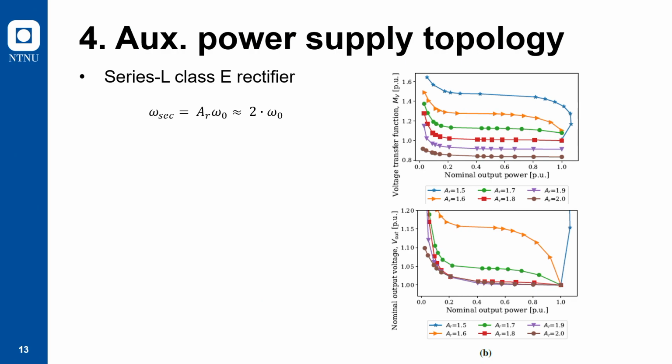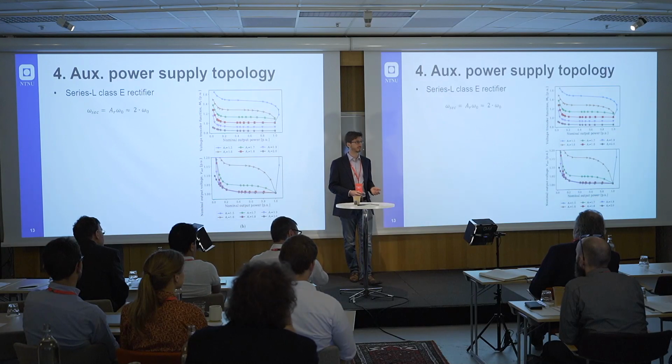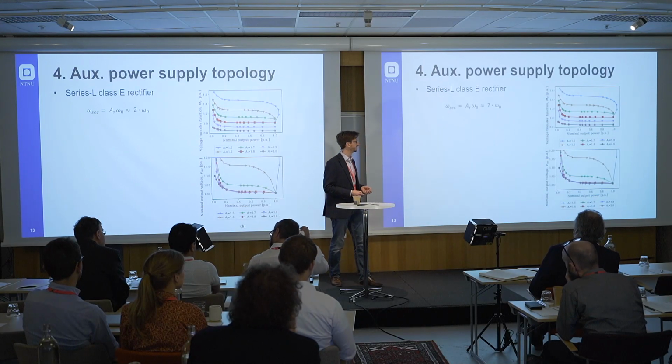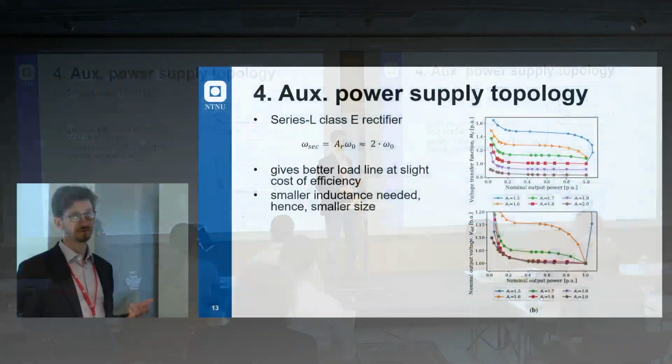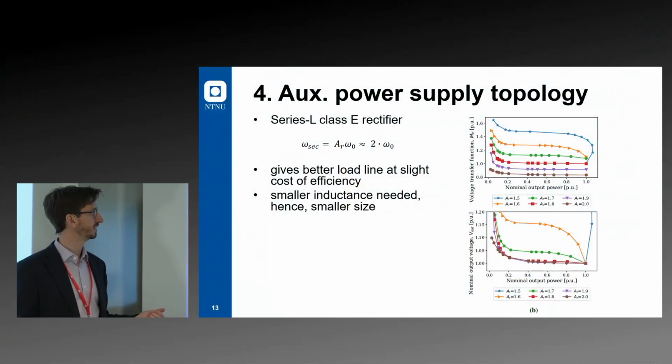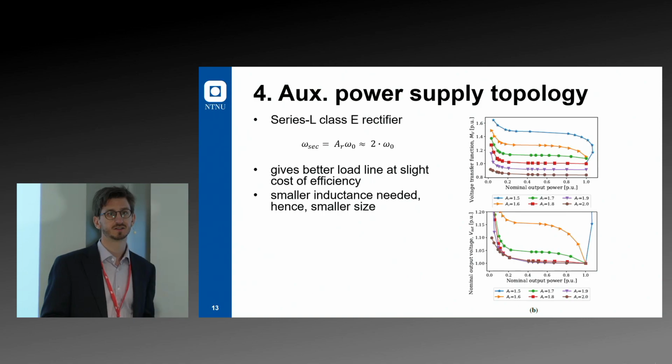So if we have a nominal voltage at nominal power output, for higher resonance frequencies, we have a very, very flat output voltage. We have a very, very nice load line coming out of the rectifier. This is a great advantage for the application and the stability. So we can sacrifice some efficiency. We get the load line. We get smaller passives, smaller size.